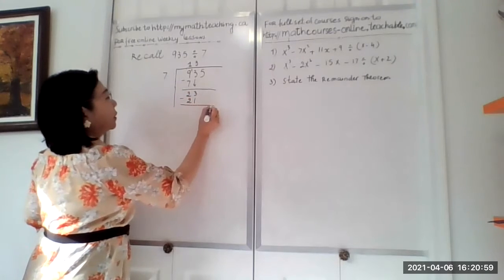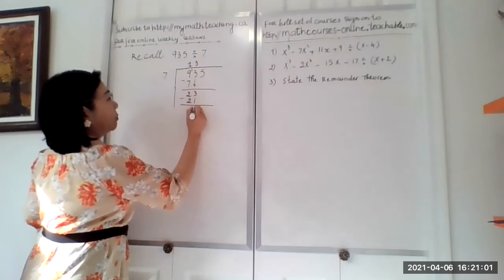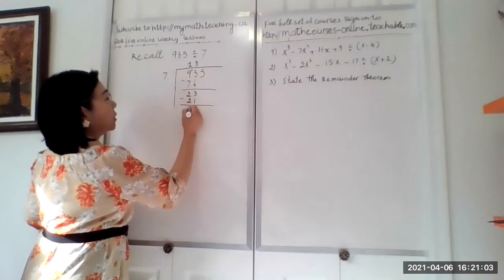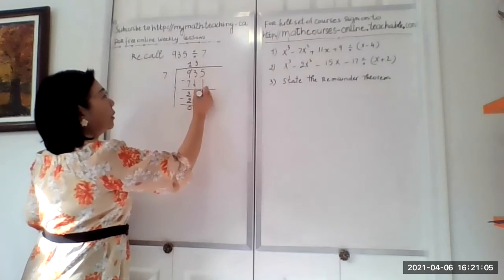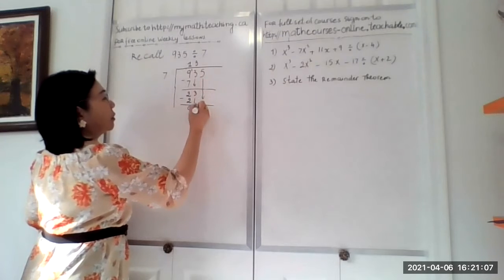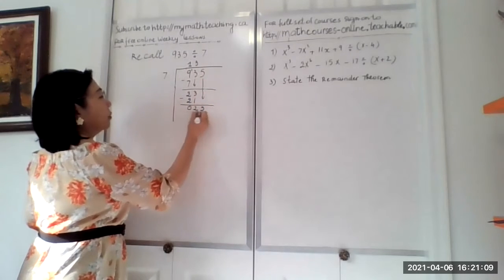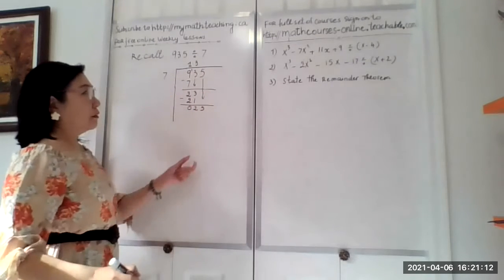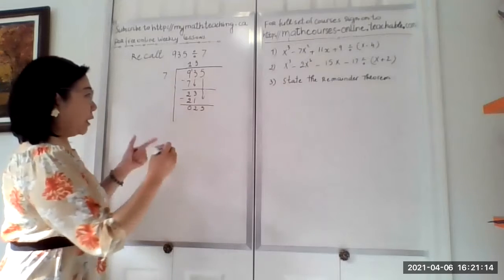Now we subtract: 3 minus 1 is 2, 2 minus 2 is 0. We bring down the 5, so now we have 25 divided by 7, and we keep dividing like that.